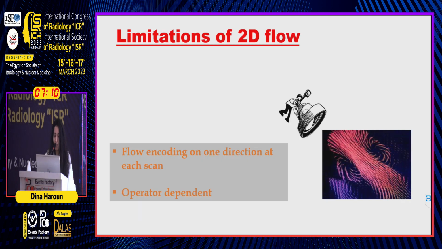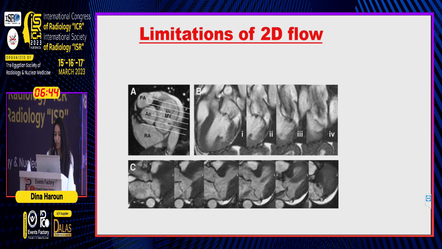The other side of the coin: the limitations of the 2D flow. It measures the flow encoding in one direction only in each scan, and it is operator dependent. It is also liable to artifacts if the patient has arrhythmias or something like that. So it has limitations: it's in one direction only across the time, it's 2D, and it's operator dependent.